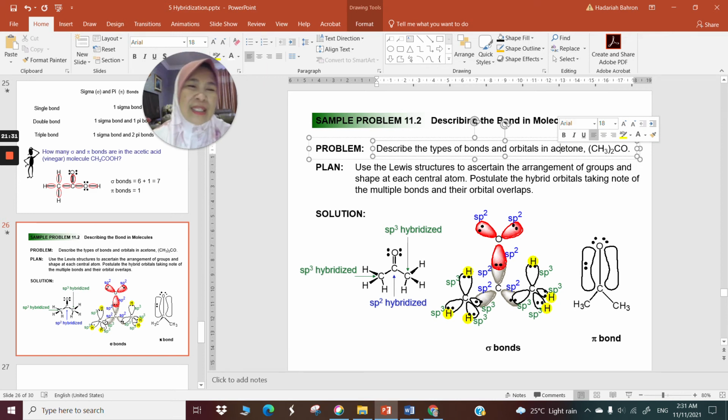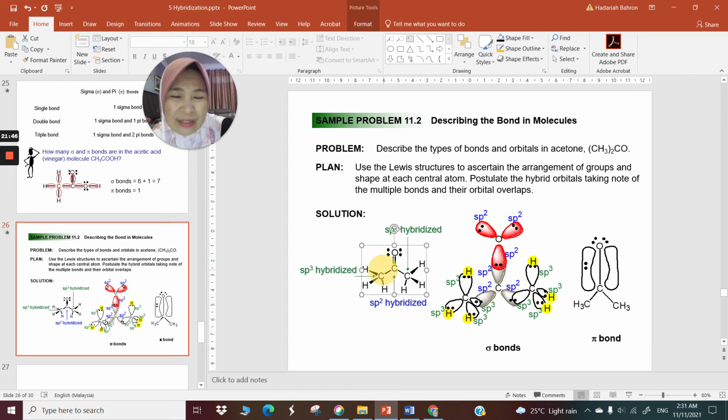Acetone is CH3 twice and CO. First of all, you have to be able to draw your Lewis diagram. When you draw it correctly, you're going to end up having this drawing.